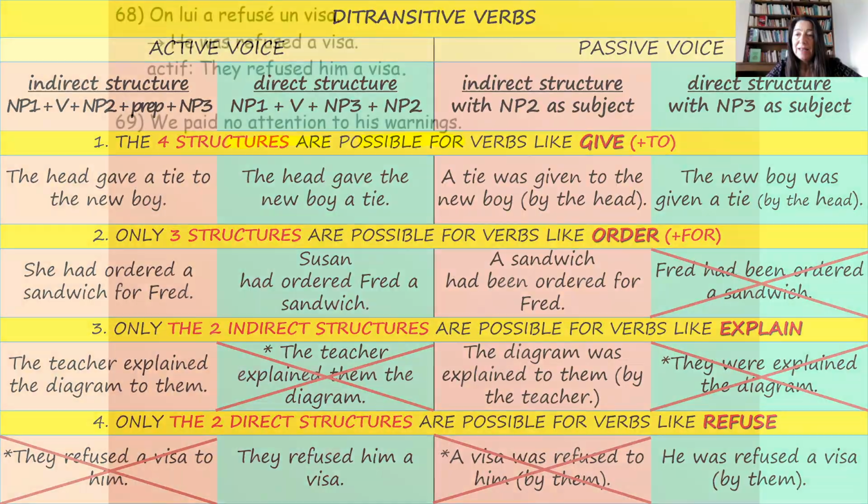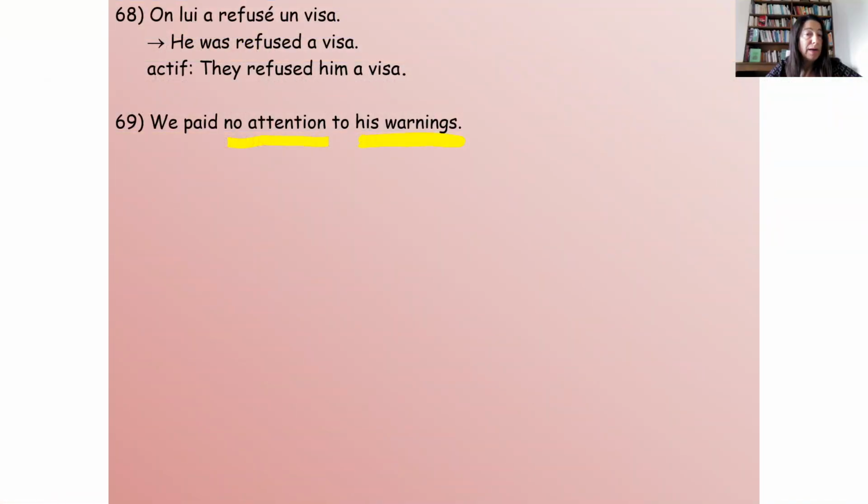More details. So, how about the following phrase? We paid no attention to his warnings. So the verb pay here is used with two different objects, no attention and his warnings.